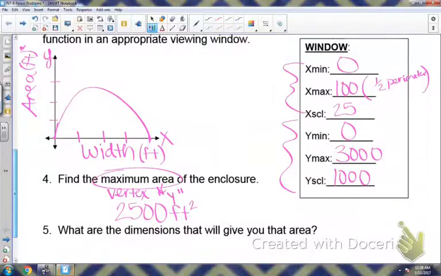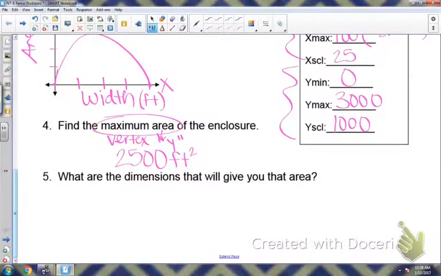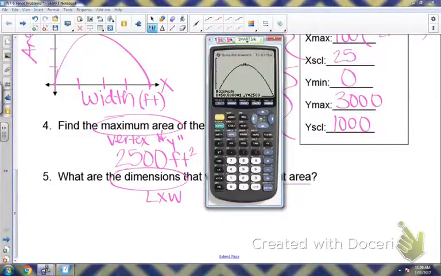Alright, it says, what are the dimensions that will give you that maximum area? Okay, so your dimensions means you want to find the length and the width. Looking at this maximum point on the calculator, we know that our X, which represented the width, is 50.